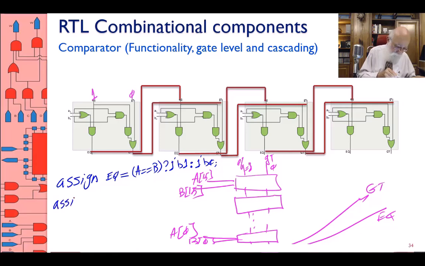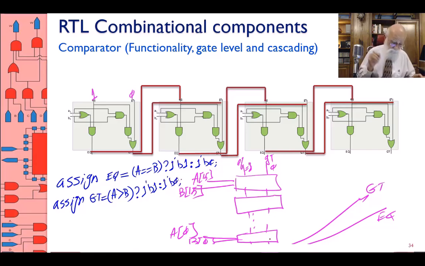Assign GT equals, if A is greater than B, then 1'b1, otherwise 1'b0.